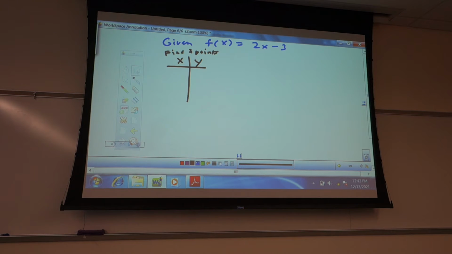The second thing I want you to do is express these as points, x comma y.